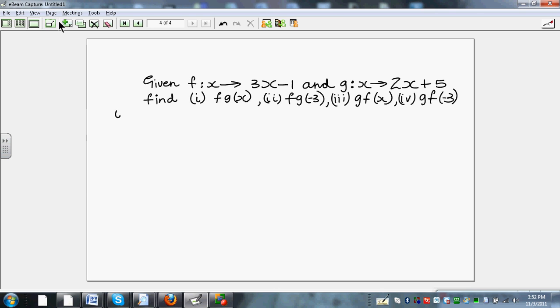So the first one we look at, of course, is fg of x. That's the first thing we're going to look at, finding that composite function fg of x.